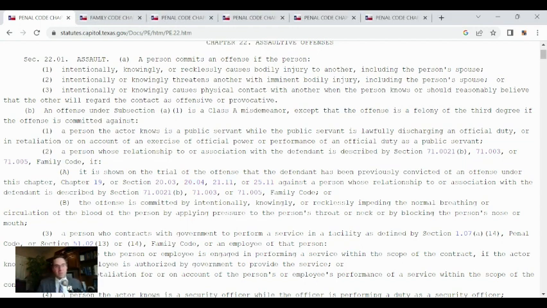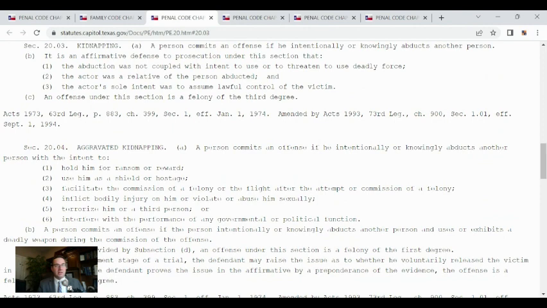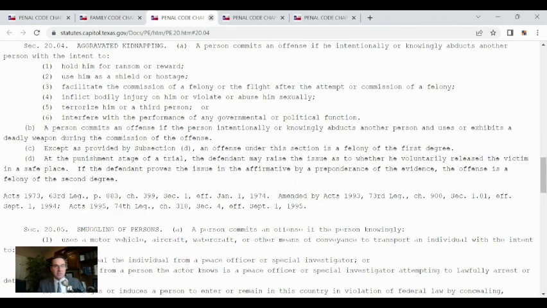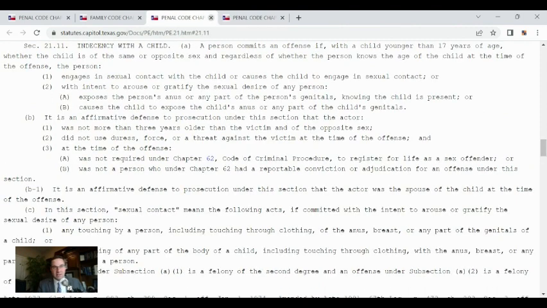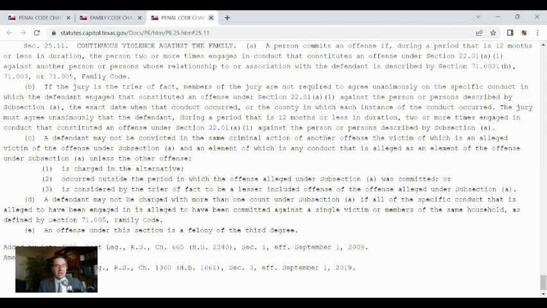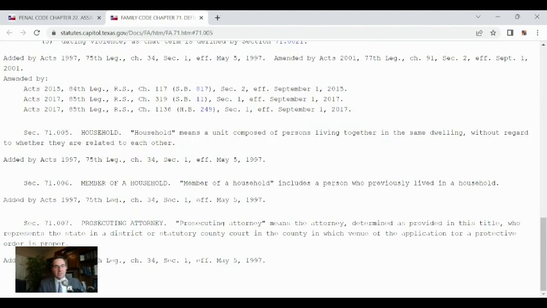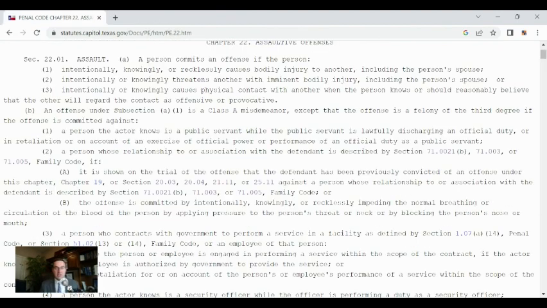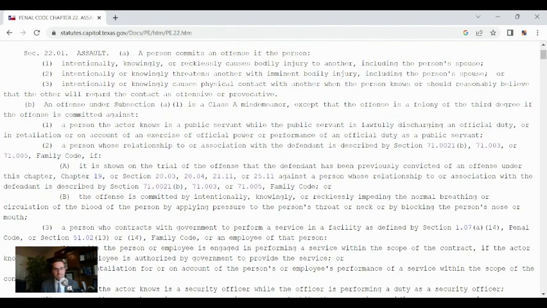If you have a prior conviction for one of these different offenses, and it was against a family member or dating relationship member or household member, and your new offense is any kind of assault or things like that. If your prior conviction is for kidnapping or aggravated kidnapping or indecency with a child or continuous violence against the family, okay, then in that case, your new offense is going to be a third-degree felony, even if all you did was cause bodily injury.